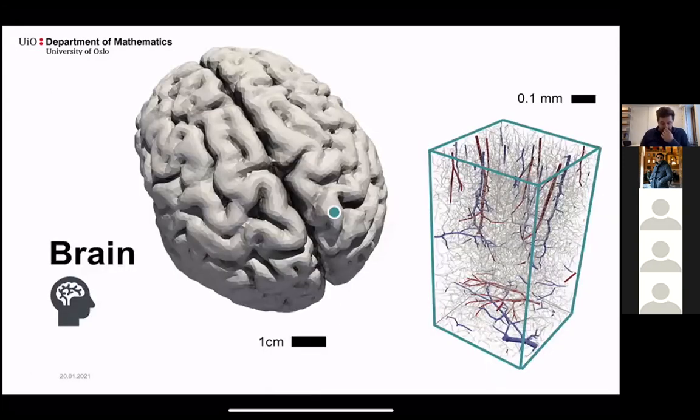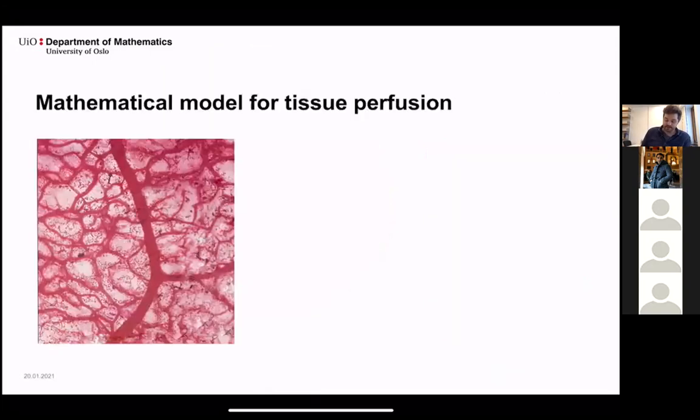So we look at the brain, a tiny portion of the gray matter here. And we have this network embedded there. If you zoom a bit closer, you see the vessel structure and the in-between part, we just call it extravascular space for now.